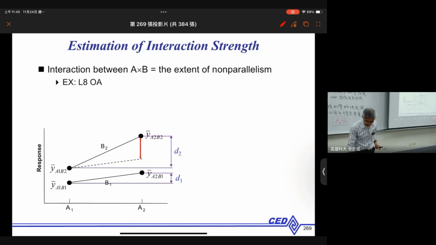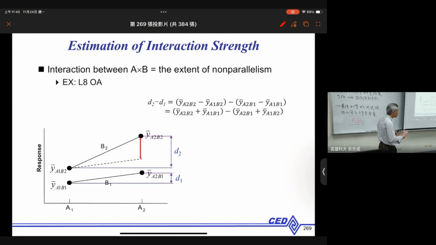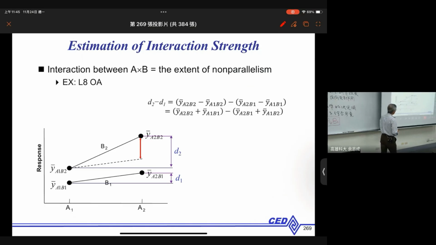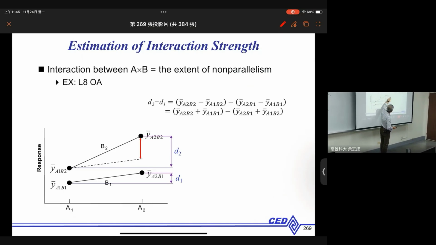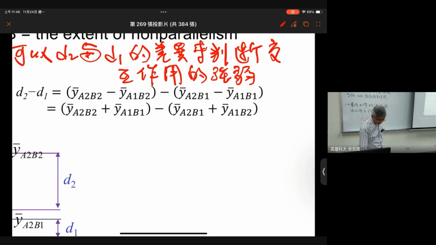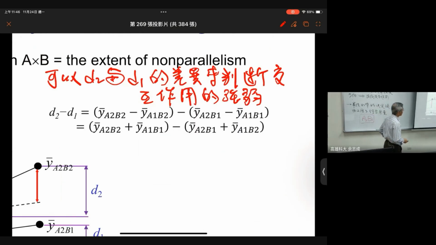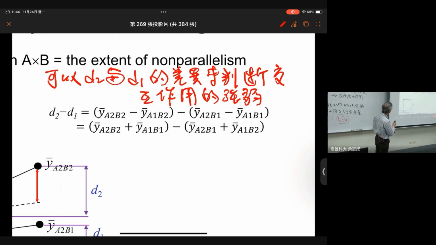So how do we find out how strong the interaction is? For two-level factors, we can use the difference between D2 and D1 to determine how strong the interaction is. So we want to find the difference between D2 and D1.